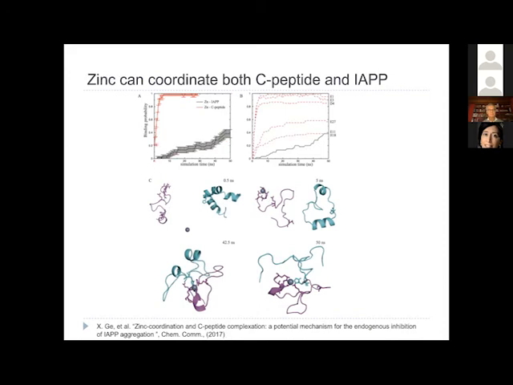And we found that zinc, interestingly, binds C-peptide faster and with higher probability, and with IAPP it is relatively slow and also with lower probability. The reason is very simple: the long-range electrostatic interactions facilitate its rapid binding with C-peptide, but with IAPP it is slower.